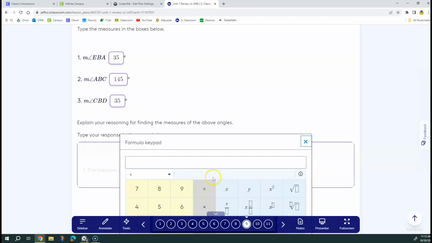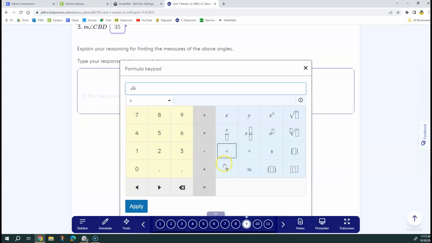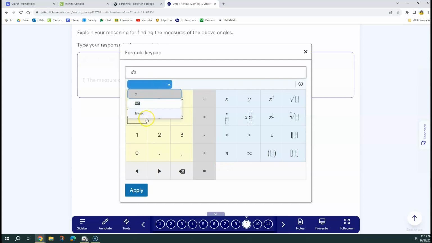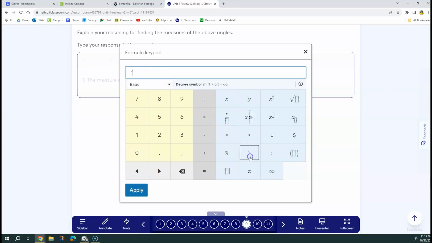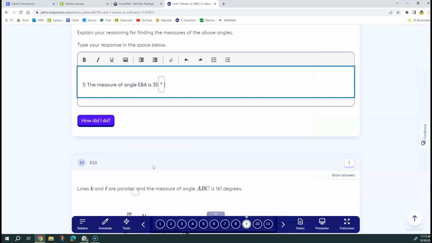I don't know if this has the degree symbol on it. We'll see. No, I know where it is. Under this, basic. There it is. If you go to this drop down and click down to basic, the degree symbol is right there. And then we just click apply.